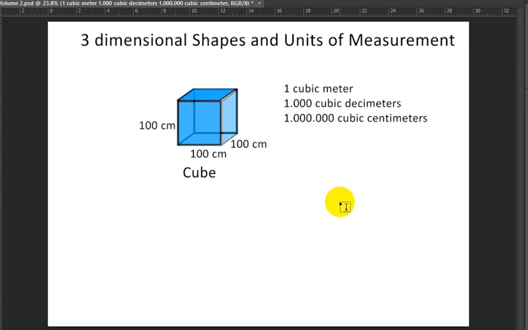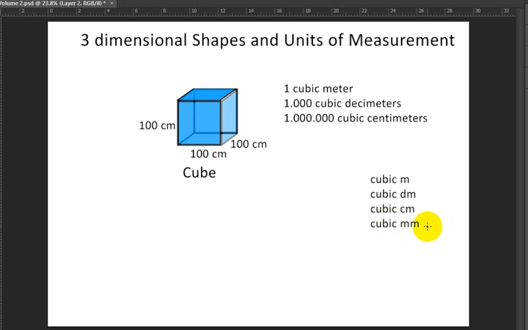So I want you to keep that in mind for your exercises this week, that when we are talking about cubic meters, cubic decimeters, cubic centimeters, and cubic millimeters, if this is the ladder, then when going up the ladder, just like before, we are going to divide, but for each step up, we divide by 1,000.